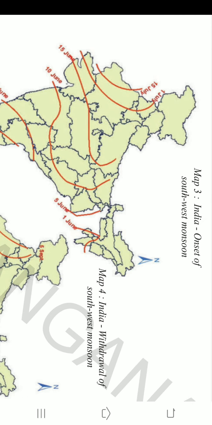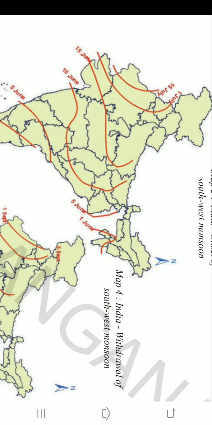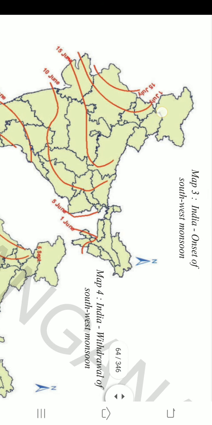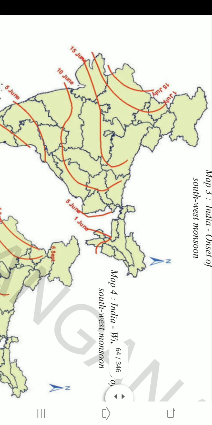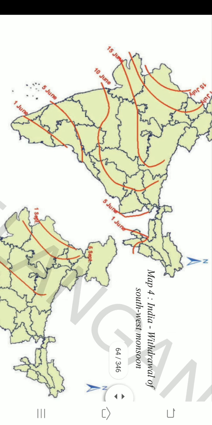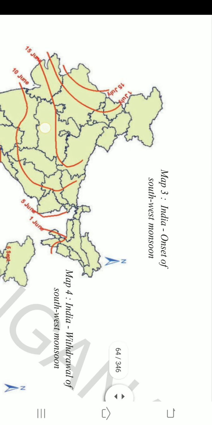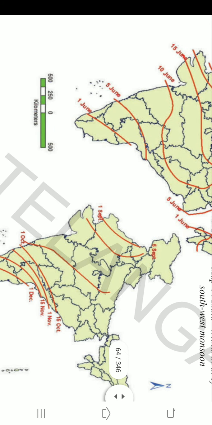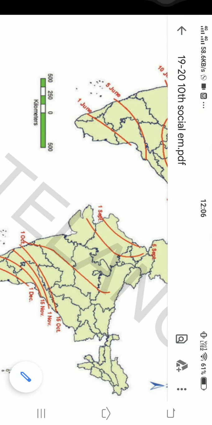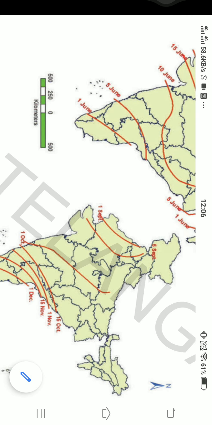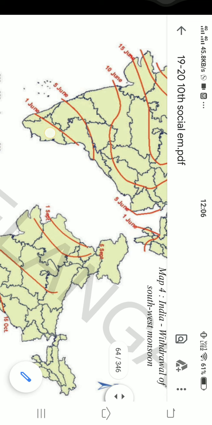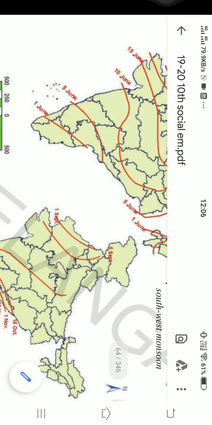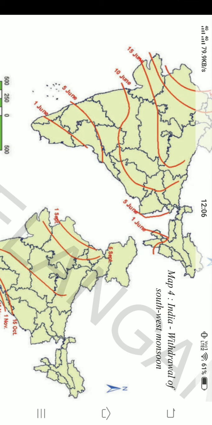By July it reaches Jammu Kashmir, Punjab, Haryana, then Rajasthan, and like that it reaches. Sorry, southwest monsoon starts from June. By June 1st, it reaches Kerala. This southwest monsoon starts by June 1st, right?